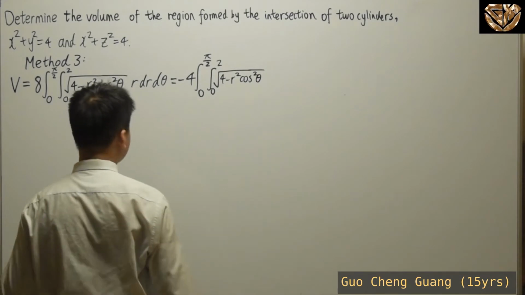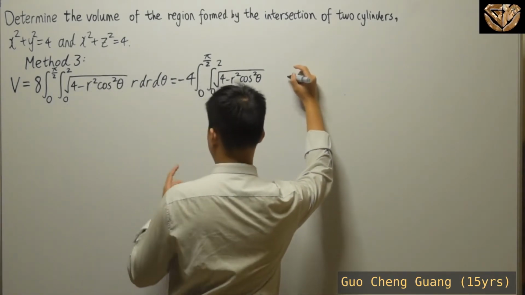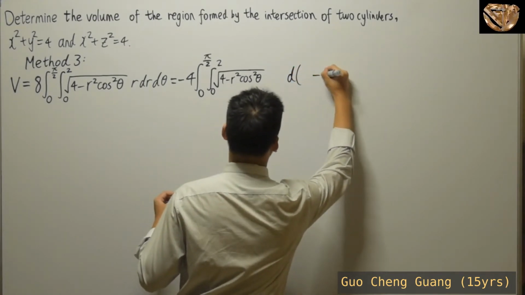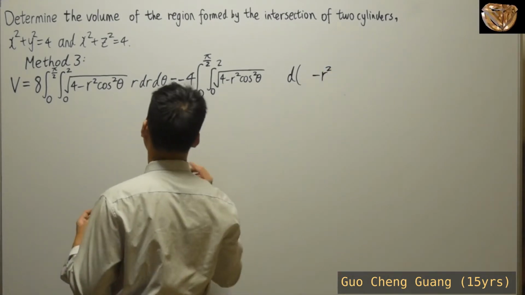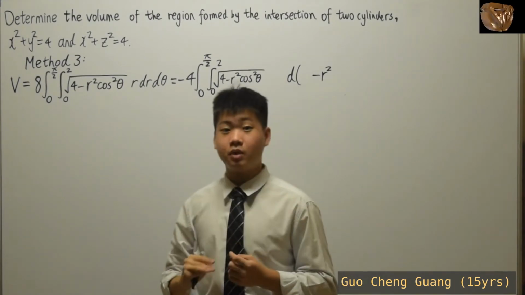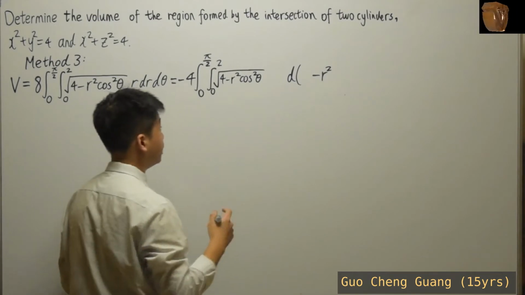Alright, so when we put the r inside and an extra negative, we are going to have d of negative r squared, right? But how about we try to change it so that it is kind of the same as whatever is in your integrand. So how are we going to change that?